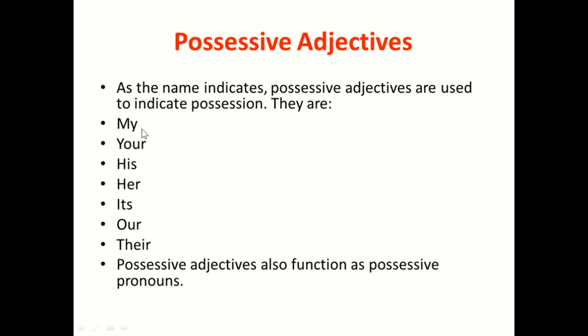But when we use the same with a noun, it will be considered an adjective. The form will remain the same, possessive, but it works as an adjective. For example, my book. Book is a noun, so my is an adjective here.